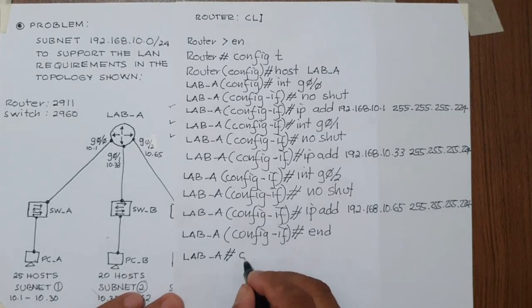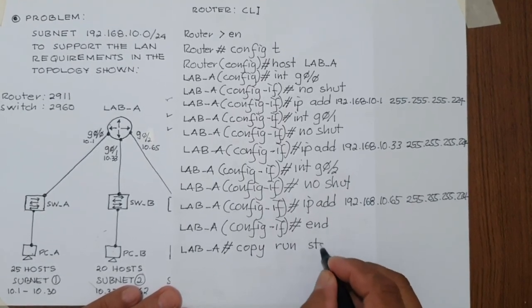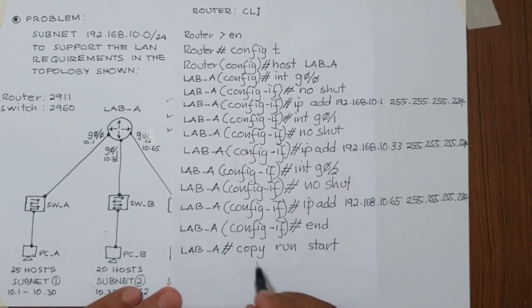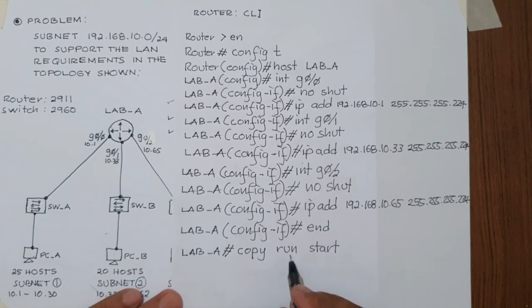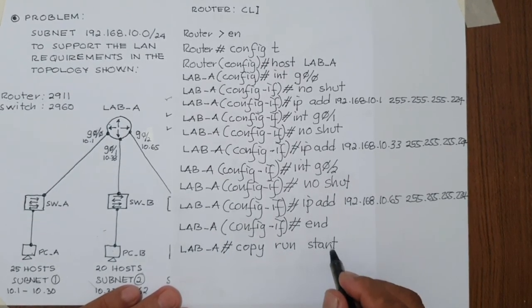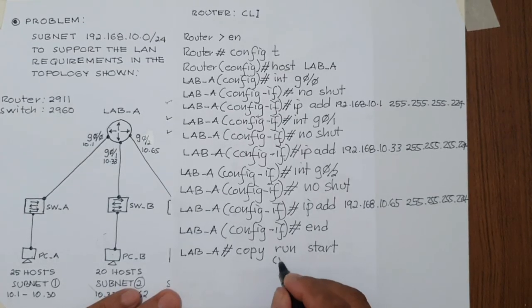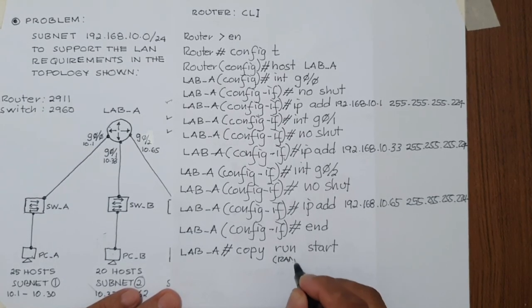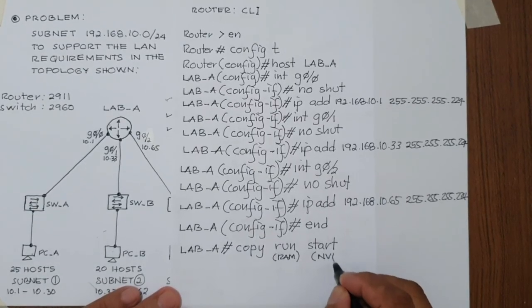So we issue the command copy run start, which is the shortcut for copy the running configuration and put it as the startup configuration, or copy what is inside the RAM and put it into the NVRAM.